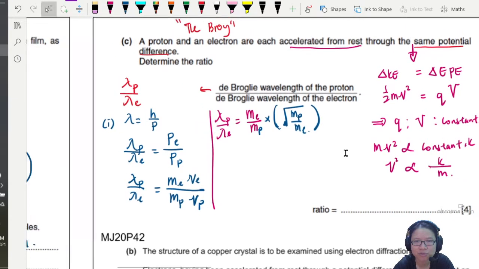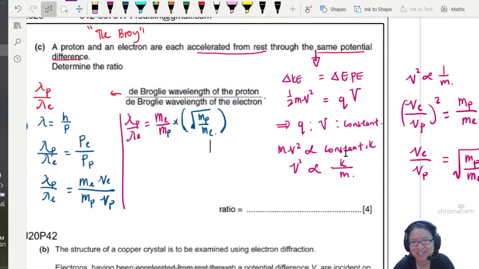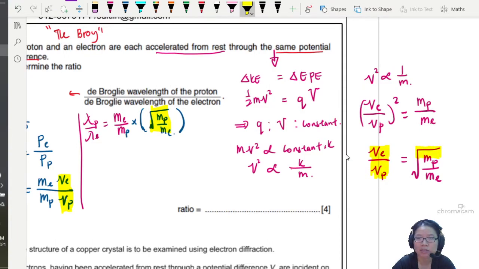Let me zoom out again so you can see the substitution a bit clearer. What I did was I substituted VE over VP here, because VE over VP is equal to square root of MP over ME.